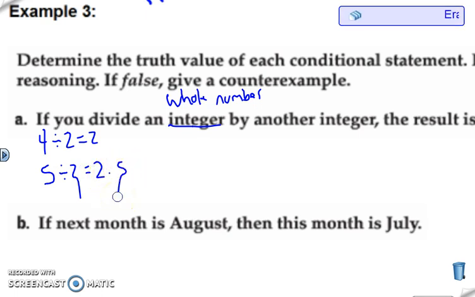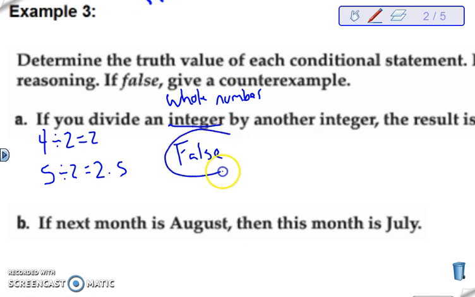Notice I get 2.5. So, since it did not work all the time, the sentence is false. I promised you that if you divided two whole numbers, you'd get another one, and we didn't. This is what is called a counterexample. Anything that proves a statement false is your counterexample.